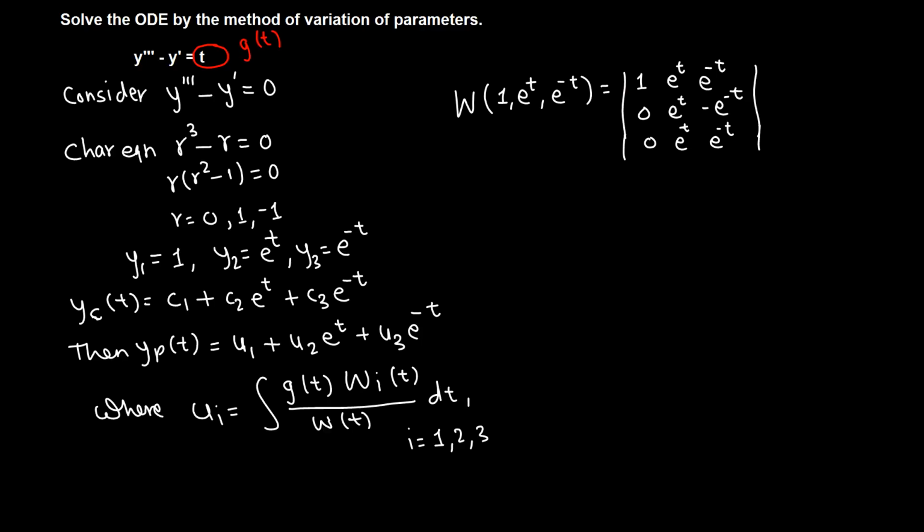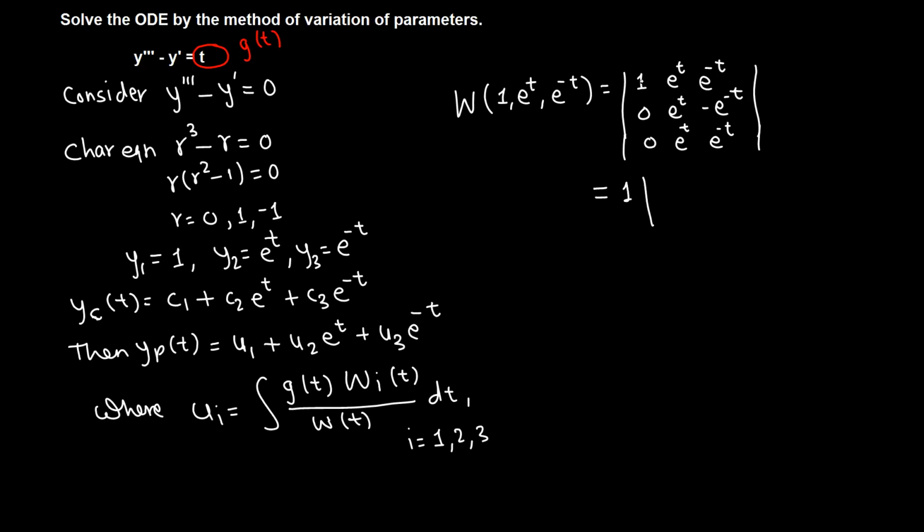Now we find this determinant. As we know, when we have 1, 0, 0, let's expand along this column, or we could expand along this row as well. So 1 is there, and for 0, 0, we don't have to even expand about those two entries, just 1.